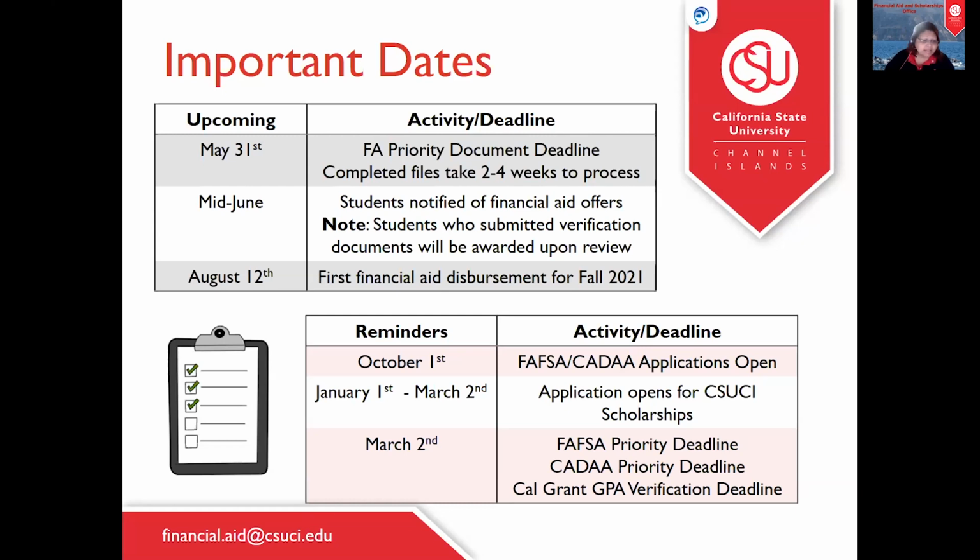Sometimes students share information with other students. They call our office and say, hey, my friend Stacy got her financial aid award, what happened to mine? Every student's different. So depending on whether the file is complete or not, you'll get your first financial aid disbursement starting August 12th.